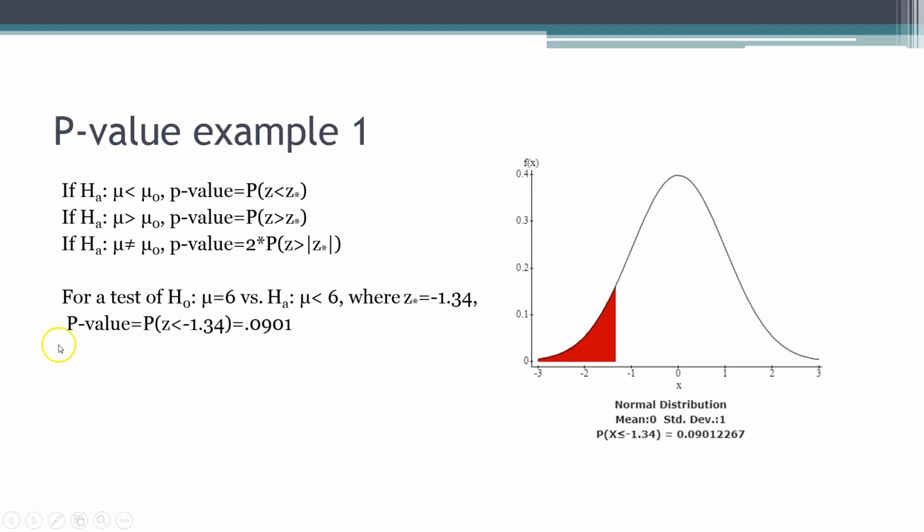So our p-value is going to be the probability z less than negative 1.34. And if we go over to StatCrunch, you know how to find that probability. It's with a mean of 0 and a standard deviation of 1. Plug negative 1.34 inside the parentheses. Make sure it's less than. And that tells us that our p-value is 0.0901. And again, we use the less than formula because this direction was less than.